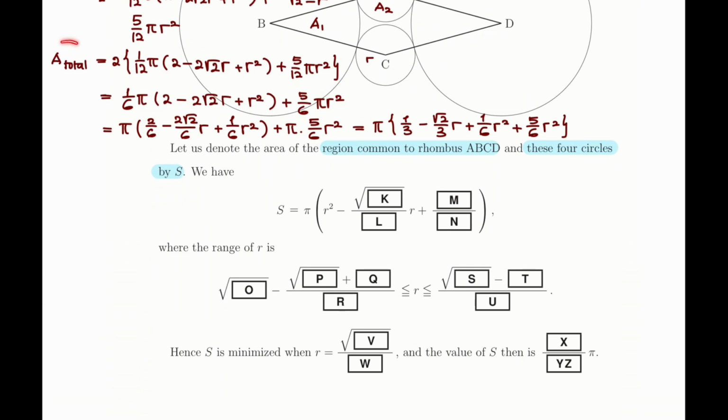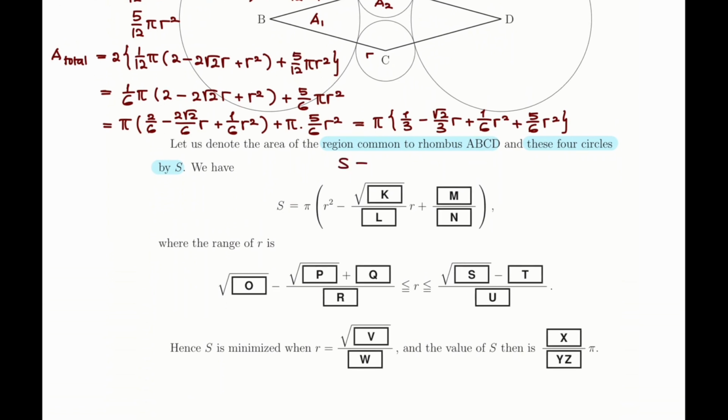Then the total area, denoted by S, is equal to pi times (1/6 r squared plus 5/6 r squared), so you obtain r squared minus square root of 2 over 3 r, plus 1/3.